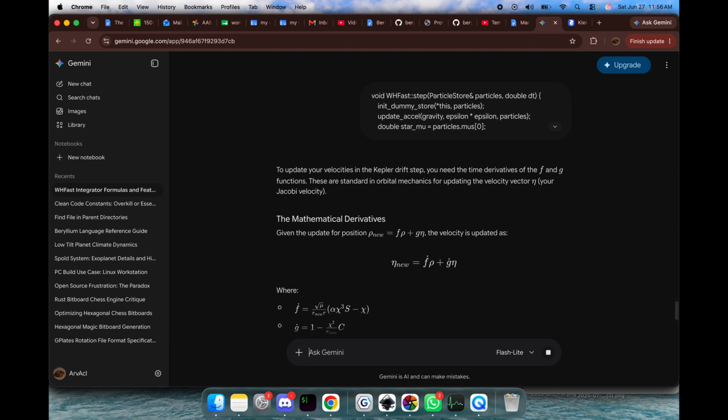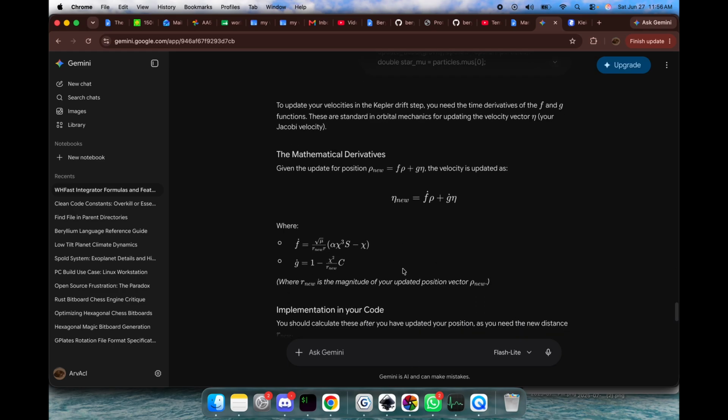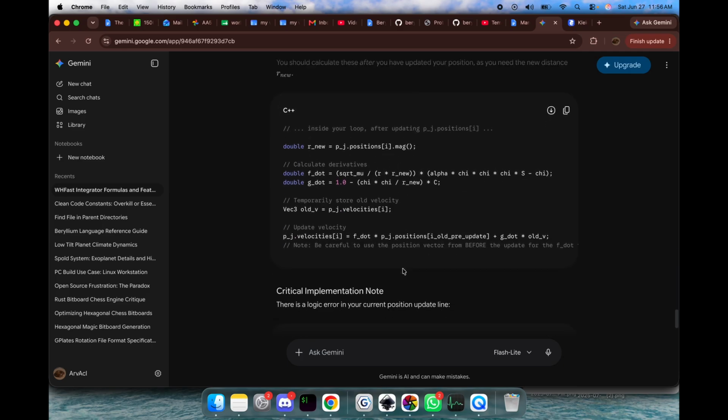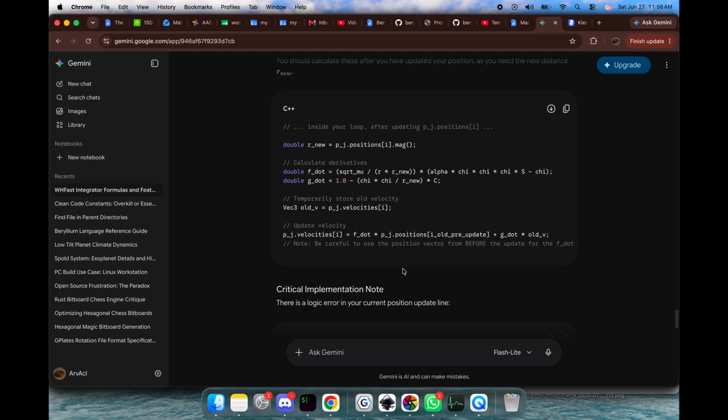Okay, f prime. So f prime is that. Now you need the new distance. Inside your loop after updating that, we then just say our new should equal this.